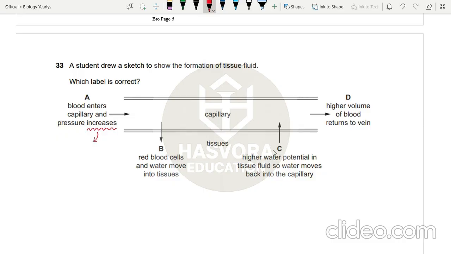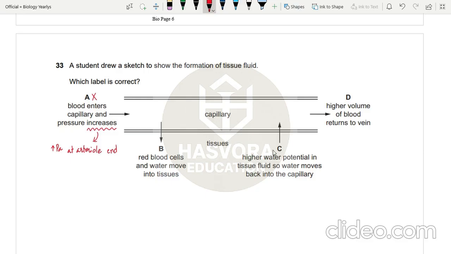Because we know that the pressure is already high at the arteriole end, when blood is coming into the capillary. So pressure is indeed high at the arteriole end, but they have said the pressure increases, and it does not increase. It is already a high pressure. So you have to look very carefully at these points.